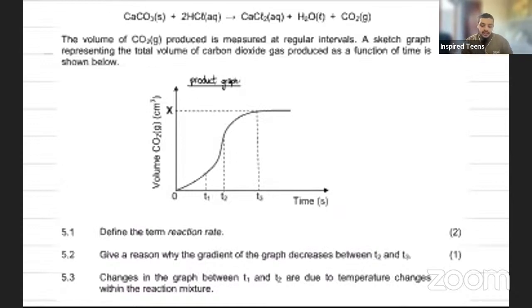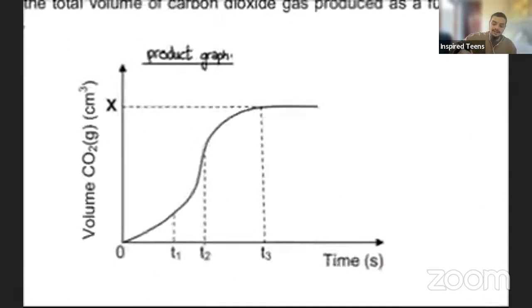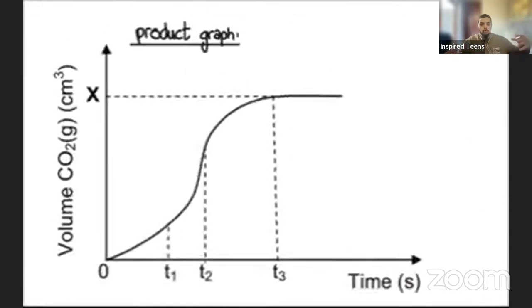Give a reason why the gradient of the graph decreases between T2 and T3. So let's have a look at this. This is why I taught you those graphs with the different types of gradients, and you need to understand when the gradient is increasing and when the gradient is decreasing. So here we have this shape initially. It doesn't start that high.